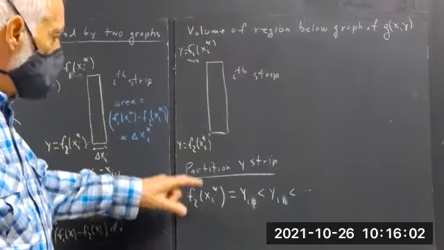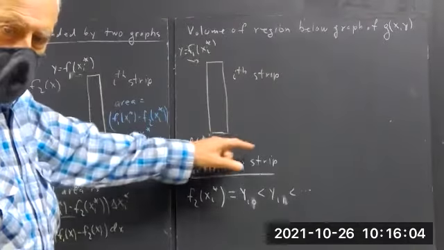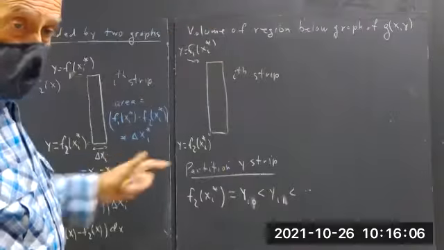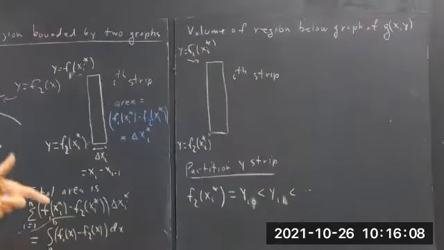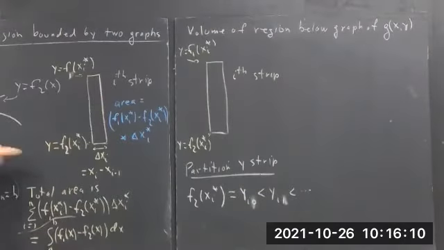Partitioning this, I'm partitioning the ith strip, where i is the index that we use for the X partition.